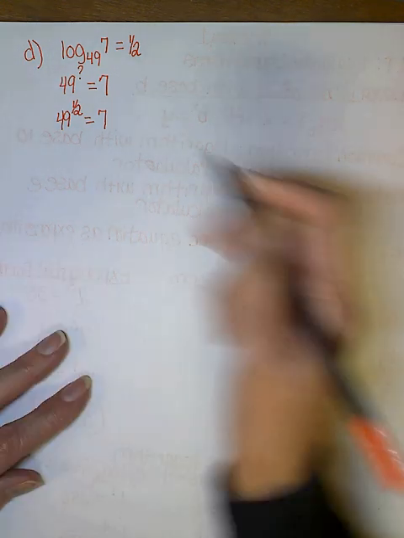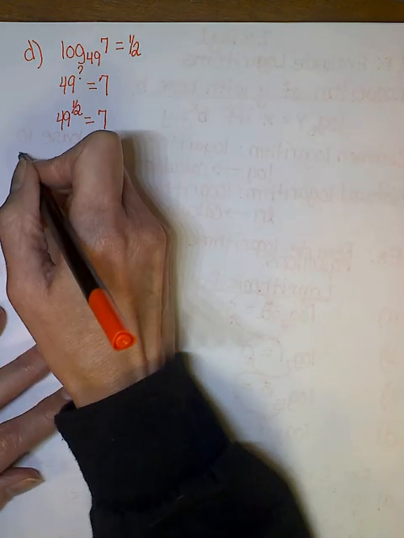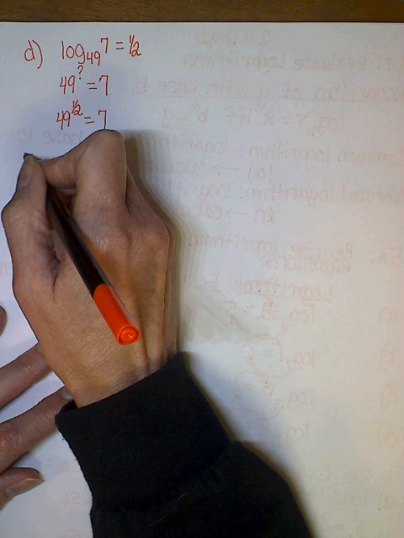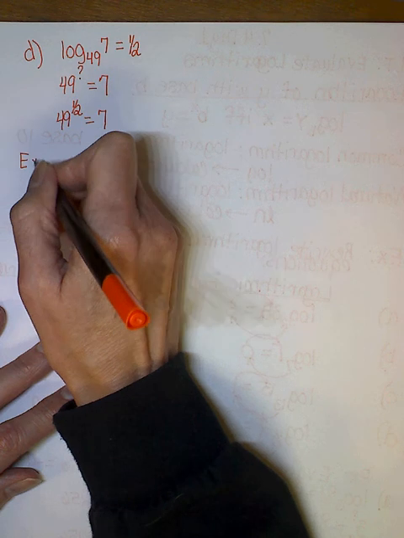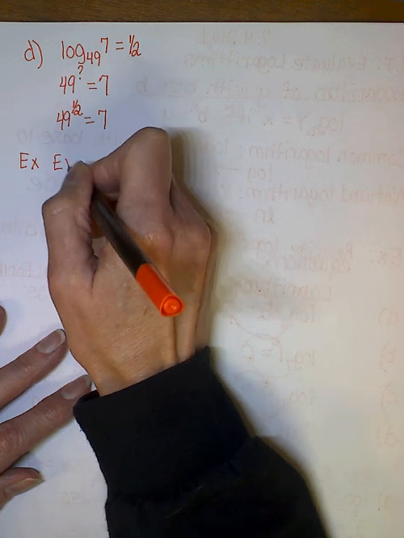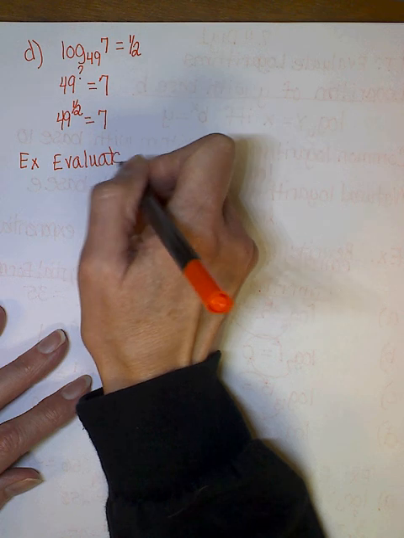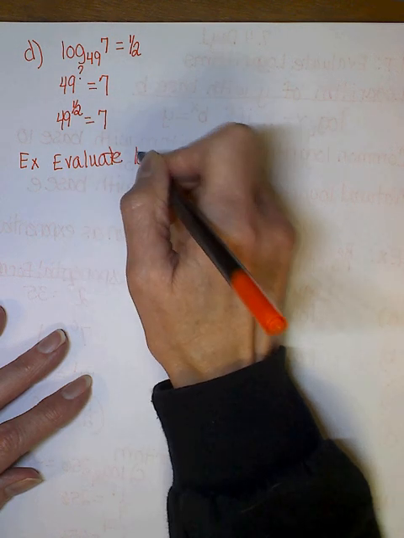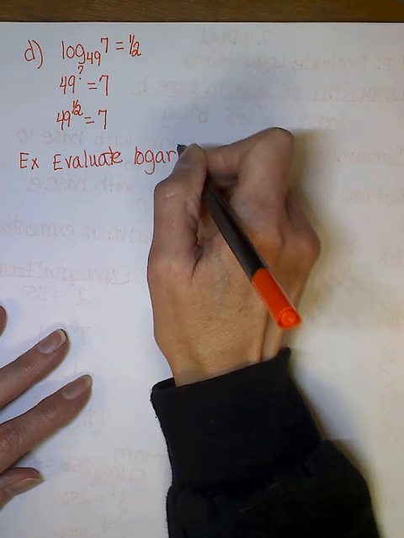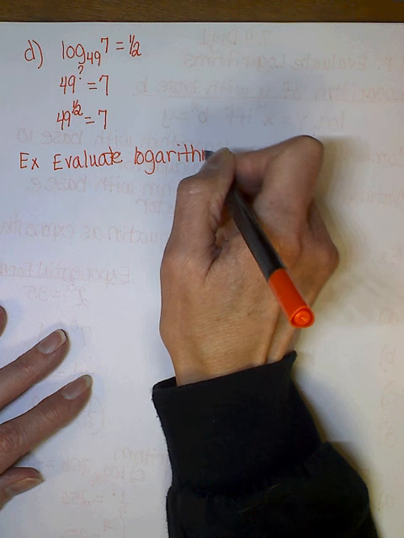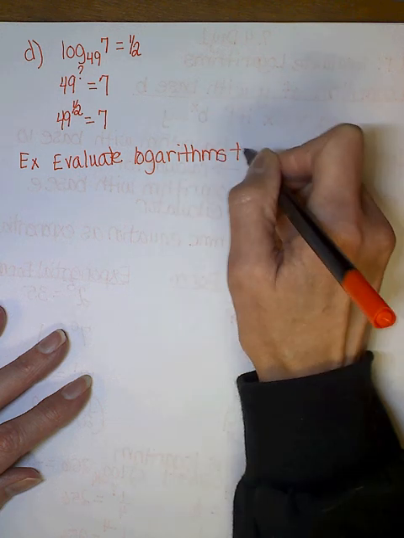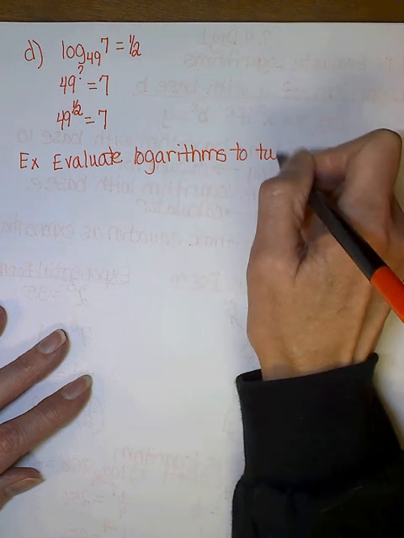Okay, and then you'll have some easier problems on your homework too, where you're just going to use a calculator. And it'll say evaluate logarithms to 2 decimal places.